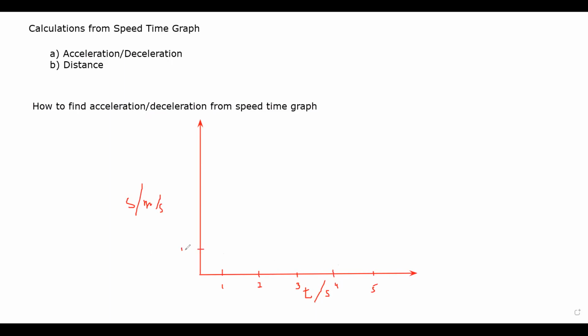And for speed, for example 10, 20, 30, 40, 50. And this is a line which shows the change in speed. The question is, find the acceleration of this object.